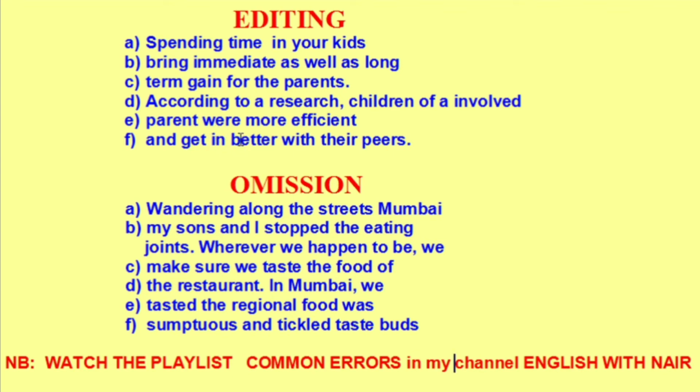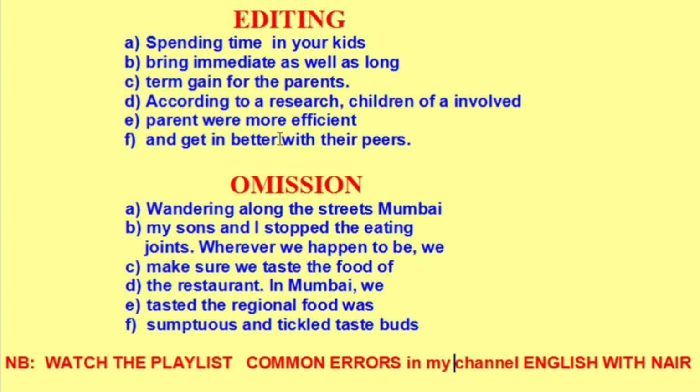Get on better. So what are the mistakes in the second sentence? According to research, children of an involved parent are more efficient. That is, children are more efficient and get on better with the peers. Who? Children. Children are more efficient, and they get on better with the peers, with their friends, whose parents are involved.